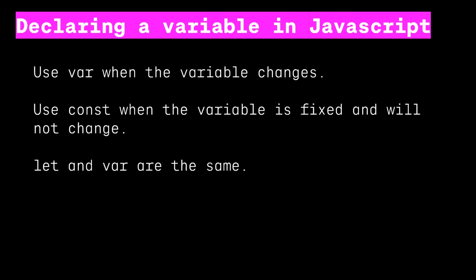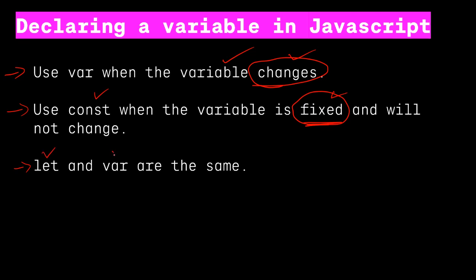If you can read this, use var when the variable changes, and use const when the variable is fixed. Variable changes, variable is fixed. And let and var are the same.